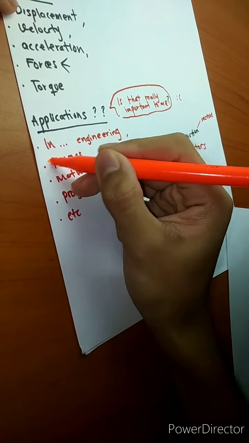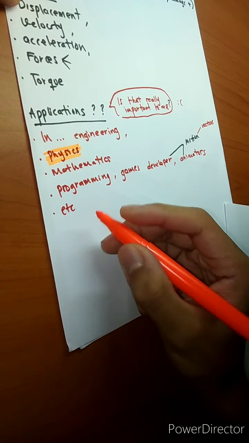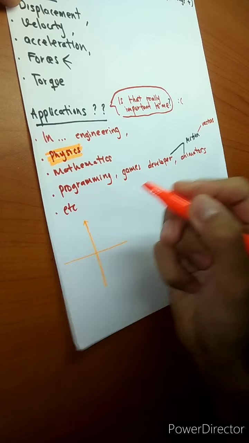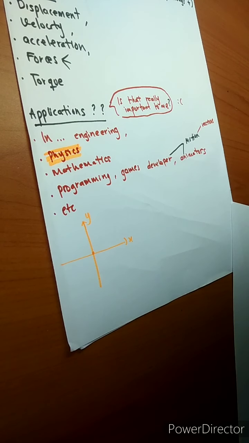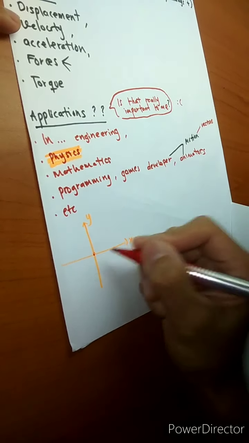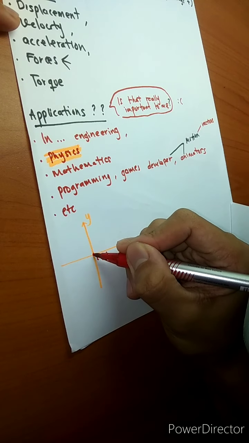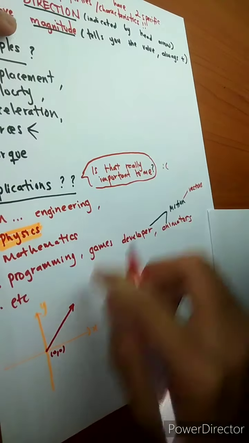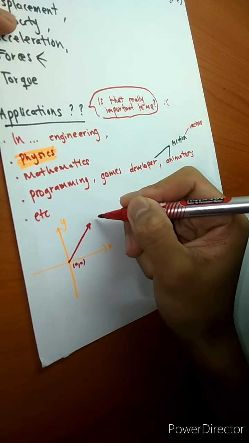Let me explain using physics. In physics, for example, we have the x and y axes. Suppose we have forces starting from the origin 0, 0. Force A is in this direction, so the direction is represented by a head arrow, and it is 10 Newton.